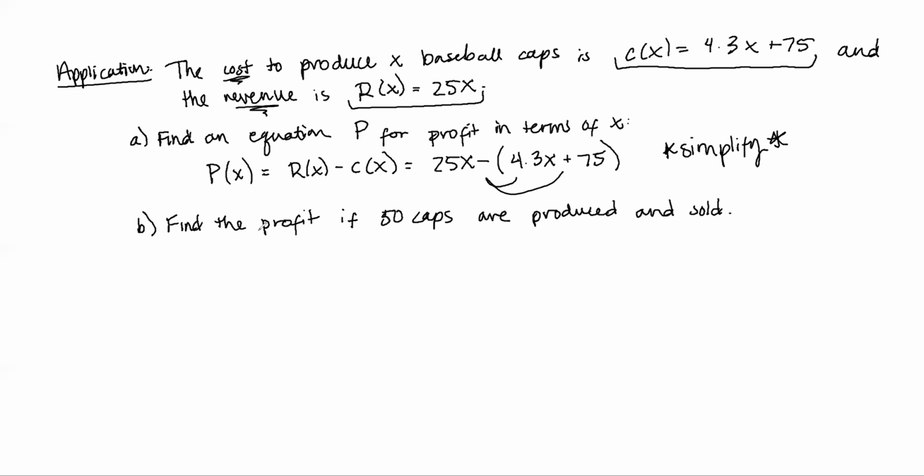And then for part B, we want to find the profit if 50 baseball caps are produced and sold. So for this one, if we have 50 baseball caps, well, baseball caps are the X's. So what we want to do here is find P of 50. And so then what you're going to have to do is take that 50 and plug it into what you get up here for your profit equation.